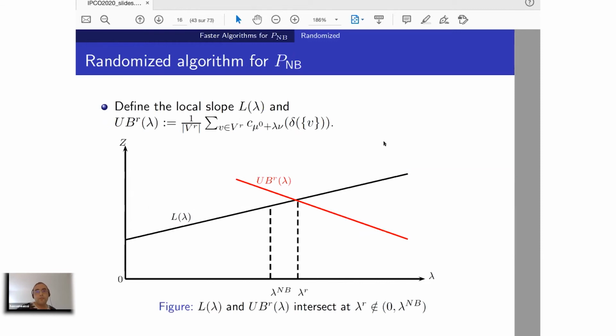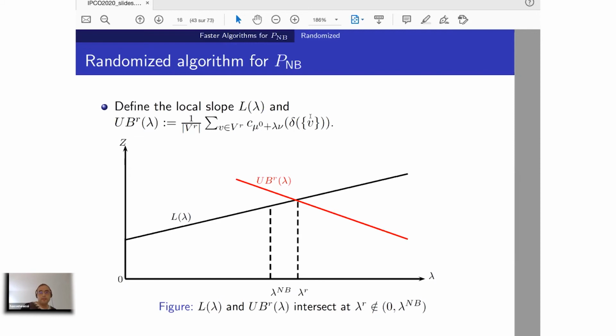So the idea of the algorithm has a geometric flavor. Define again the local slope L of lambda. And now we will compare it with an upper bound corresponding to the average cost of all the cuts induced by the node singletons. We know that in the standard global min cut, the optimal value is at most the average of the cost defined by these nodes. Similarly, we have the same setting in the parametric context here.